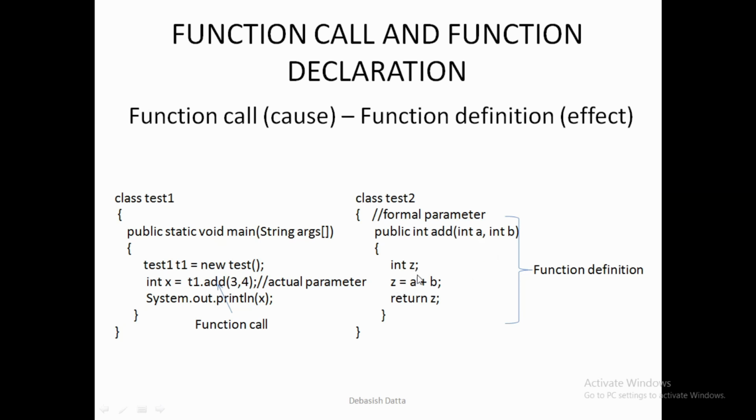Then, as you can see, it performs a simple addition and then returns this value. Now recall that this return type signifies what type of value this function is going to return after the body of the function gets executed.